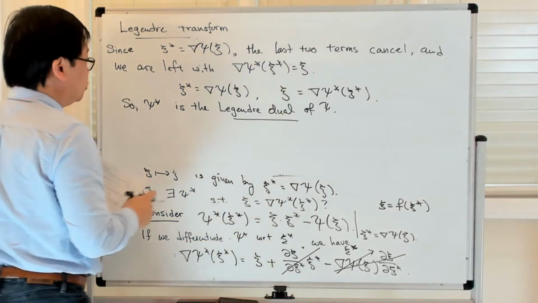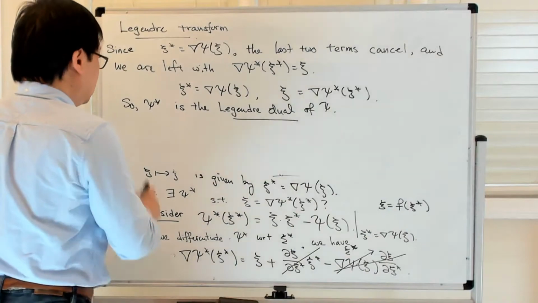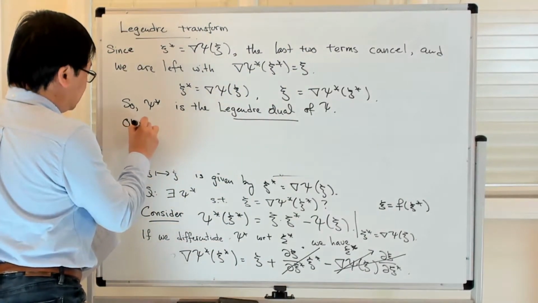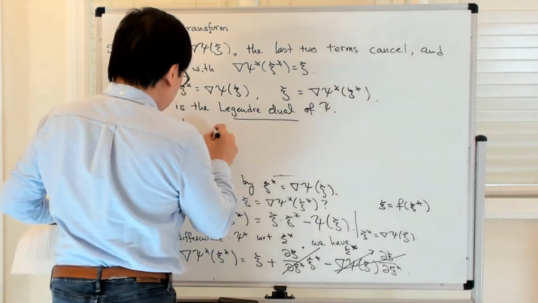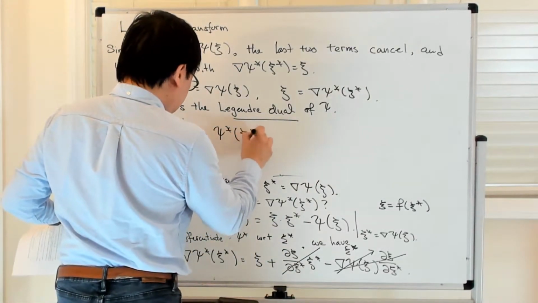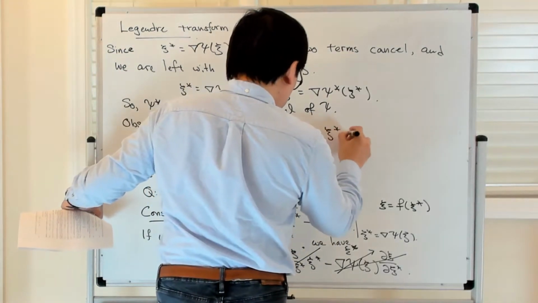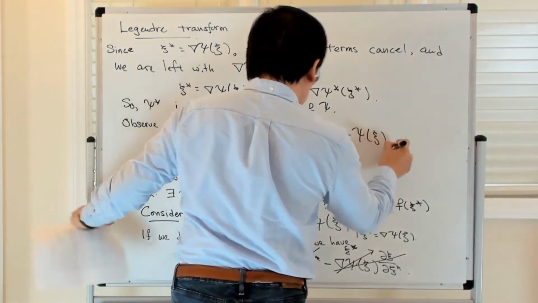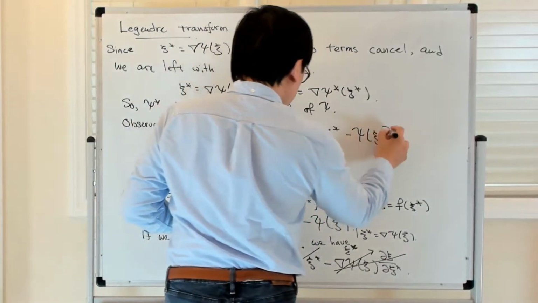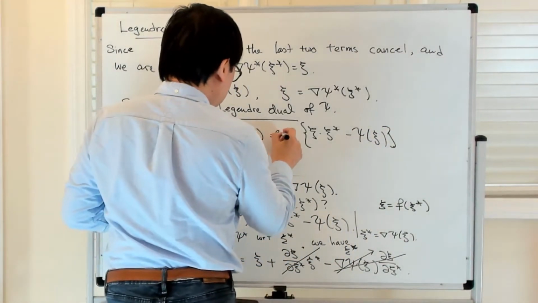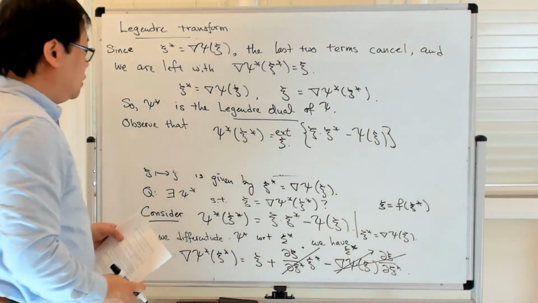You can also check that, instead of looking at this restriction, you can always say that psi star at c star is equal to c dot c star minus psi at c, and then I extremize this over c.